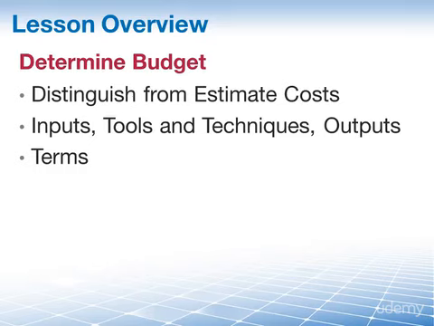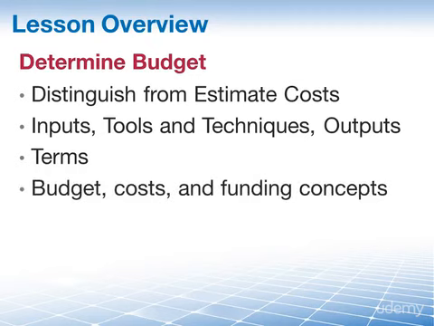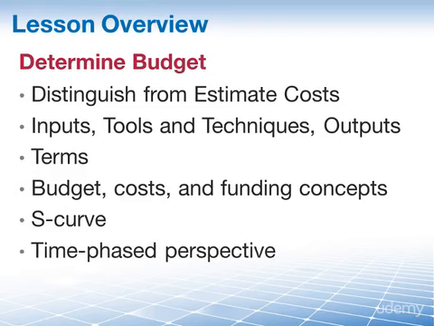For example, we clarify what cost aggregation, funding limit reconciliation, project schedules, and control accounts are all about. We break down budget, cost, and funding concepts. We explain what an S-curve is, and we provide a time-phased perspective of project expenditures and funding.